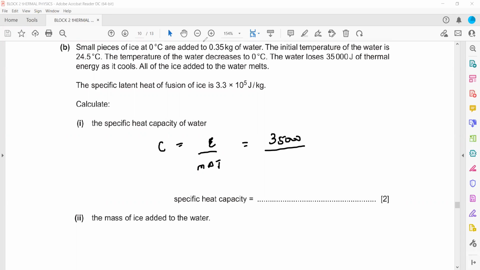The mass, as I mentioned here, is 0.35, and the temperature change, originally 24.5 and then it becomes 0, so it will be 24.5 minus 0. When we simplify, we get the specific heat capacity, which is 4100 joule per kilogram degree centigrade.